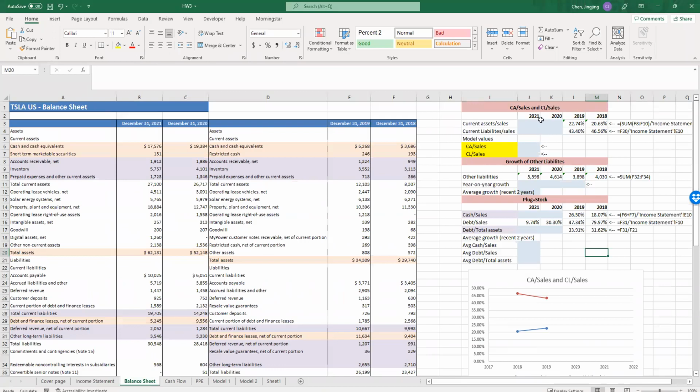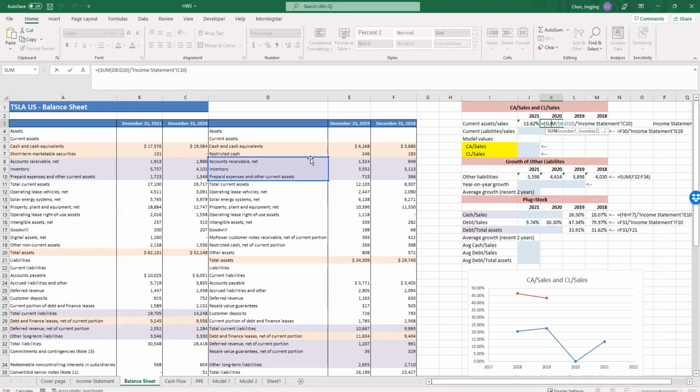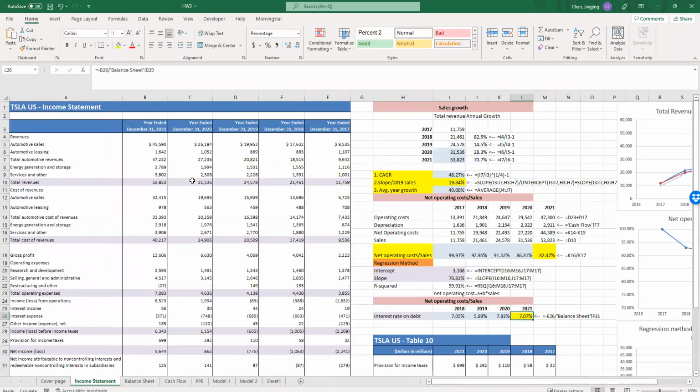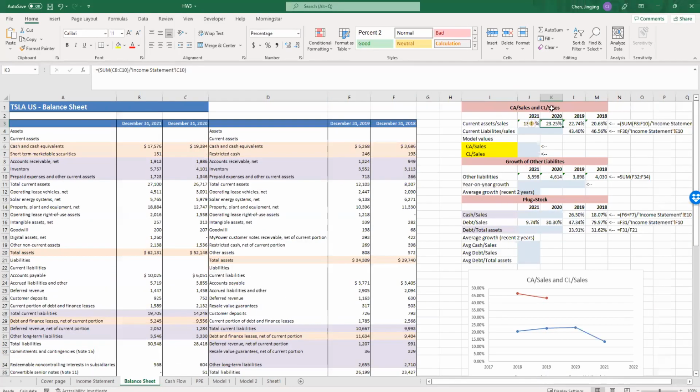So moving on to the next one, for current asset over sales and current liability over sales. These two are relatively stable over time. So we can just use these, drag it over. The number is not correct. I need to move the box here. For income statement C10, let me see if income statement C10 is the right revenue that we need to use. So income statement C10, yes, it's the revenue in 2020.